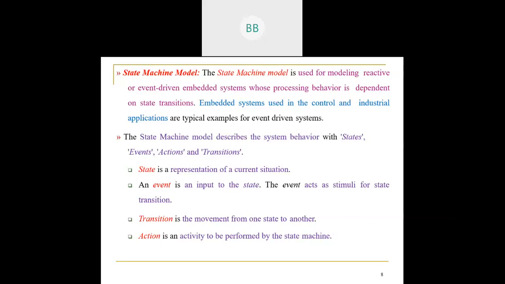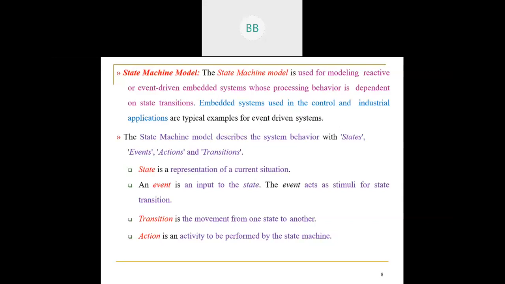This model consists of four components to describe the behavior of the system, that is, states, events, actions, and transitions. The state is a representation of the current situation. An event is an input to the state that stimulates the state transition.